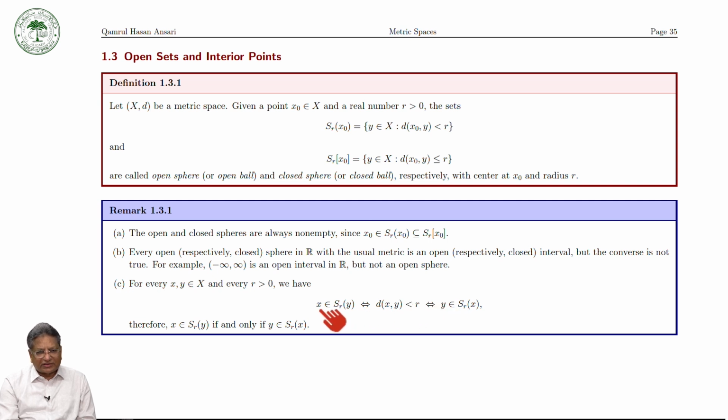So if x is in the open sphere with center at y and radius r, then y lies in the open sphere with center at x and radius r, and conversely. This is a very important remark.